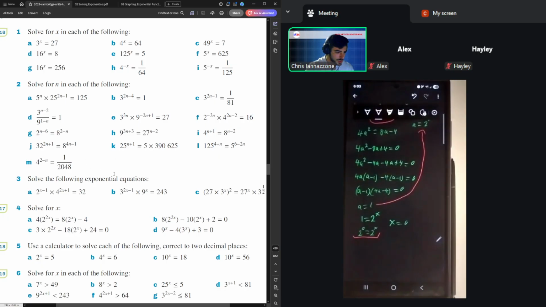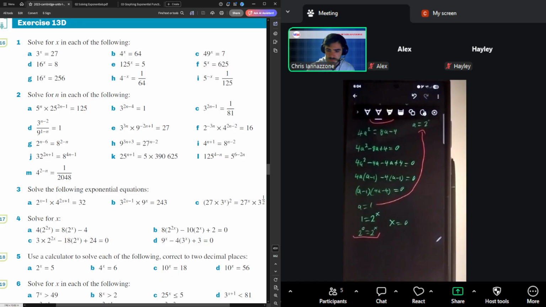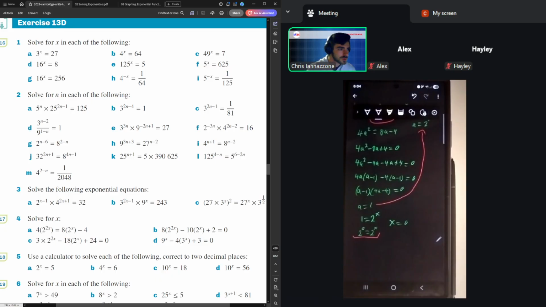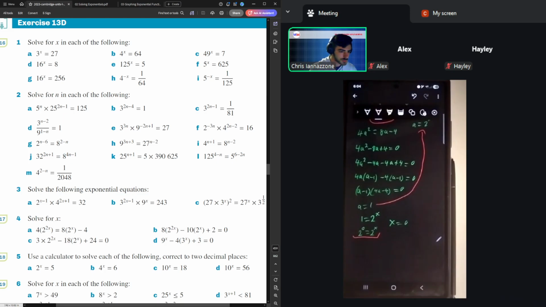So we can do more practice on these if we like, or we could move on to the graphing of exponentials. We've hit about halfway. I'd rather you guys have this all locked in before we move on to anything else. Do we feel like we're ready to move on, or do we want to practice more of these?